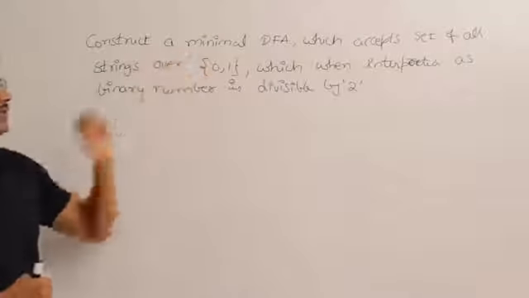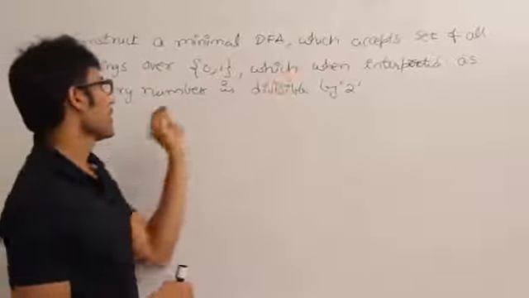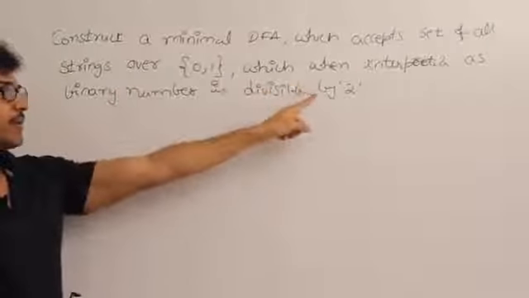Construct a minimal DFA which accepts the set of all strings over 0, 1, which when interpreted as a binary number is divisible by 2.